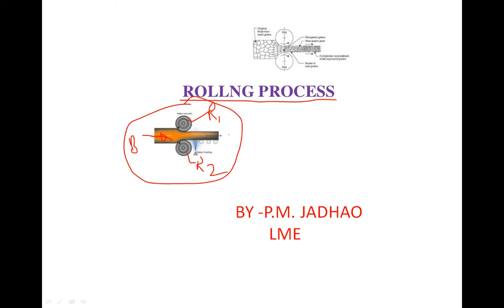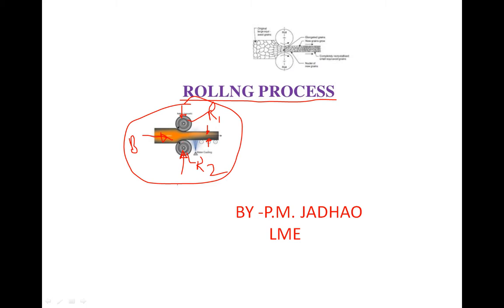When it passes, the compressive force of the roller and the friction between the billet and the roller plastically deform it and reduce its cross-sectional area. So this is the working principle of the rolling process.